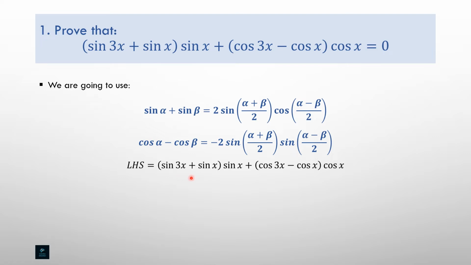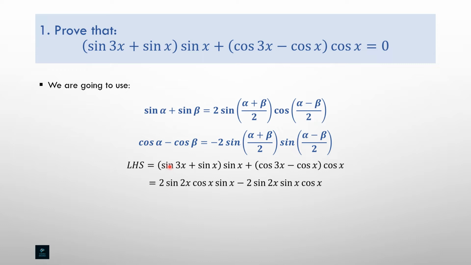Sin 3x plus sin x can be resolved by this relation here, and cos 3x minus cos x can be resolved by this relation. Alpha plus beta for 3x plus x will be equal to 4x, and (α+β)/2 will be equal to 4x/2, that is 2x.